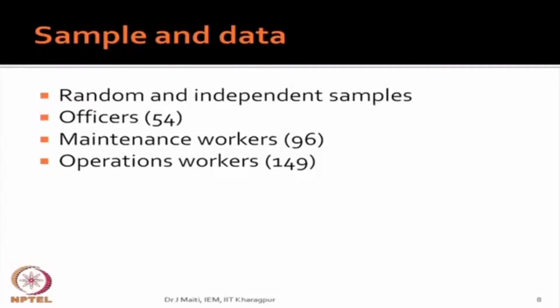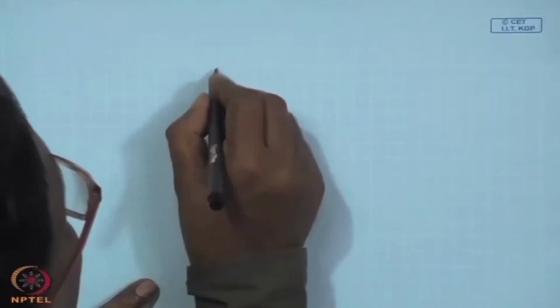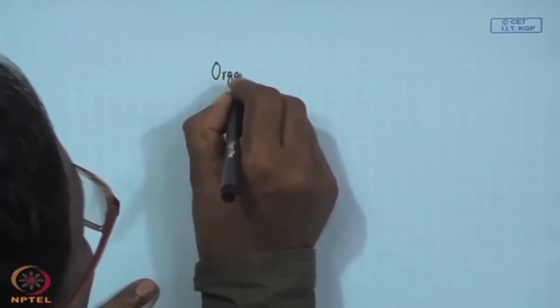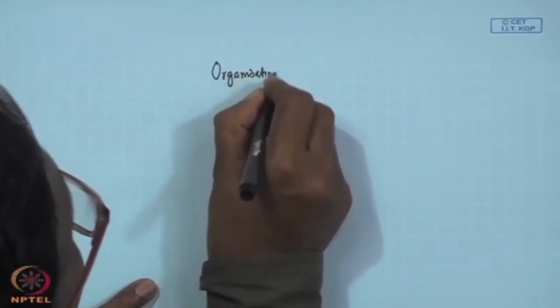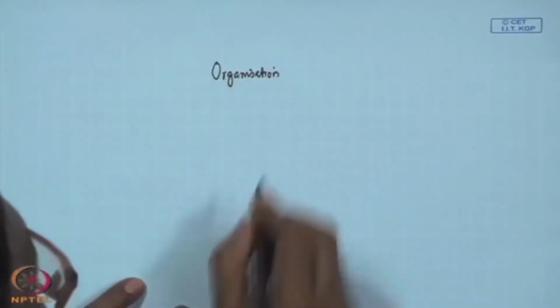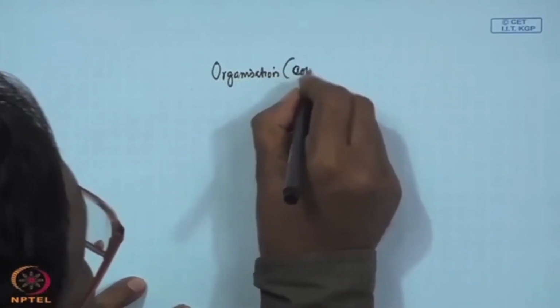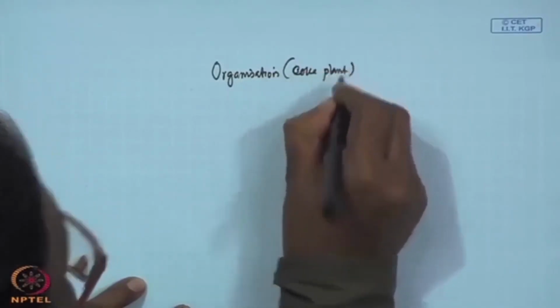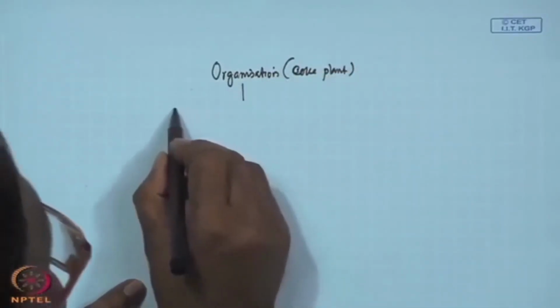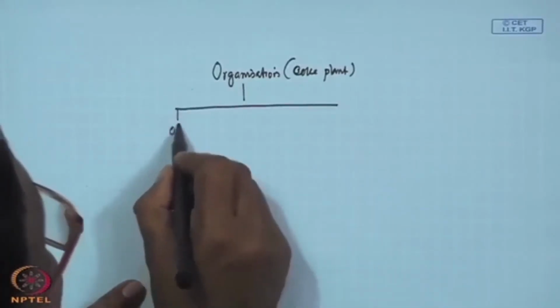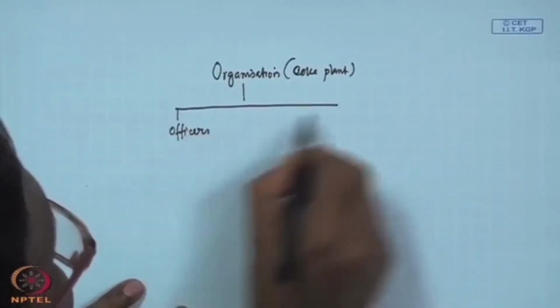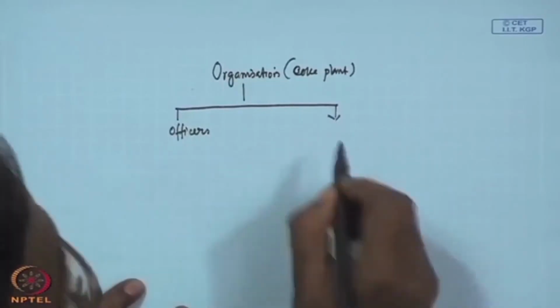See, application of statistics will be felt useful only when you do the real work. So, our study design was, when we saw that this is the total organization, here the organization with respect to our coke plant. So, this one is the coke plant. Then what we found out is that there are officers and shop floor workers.